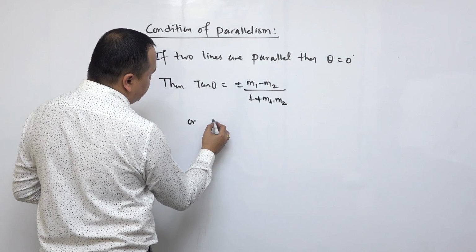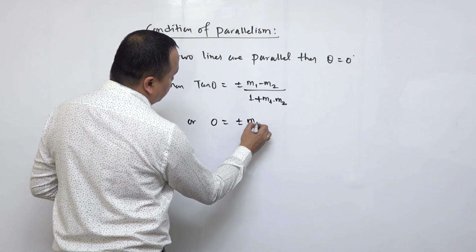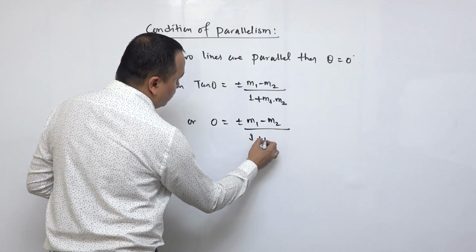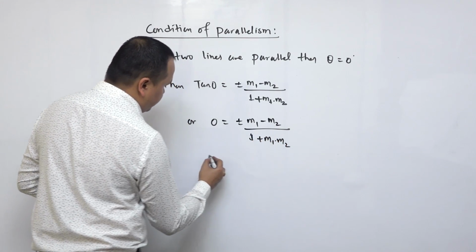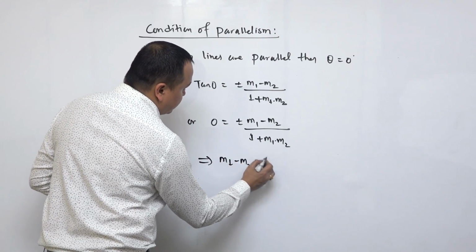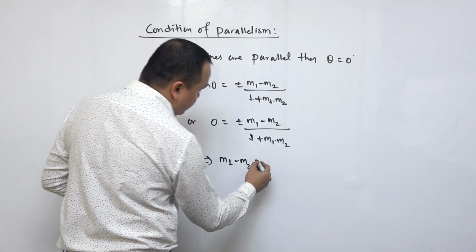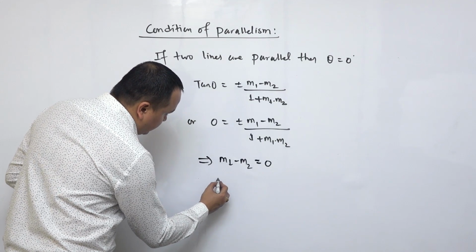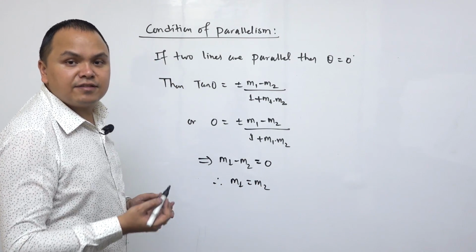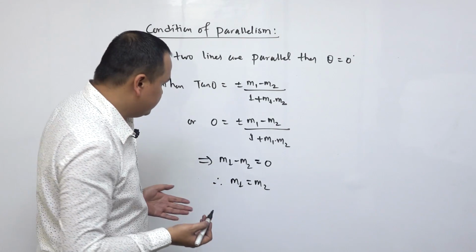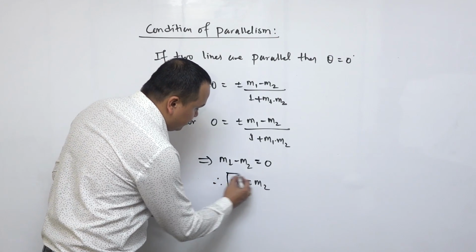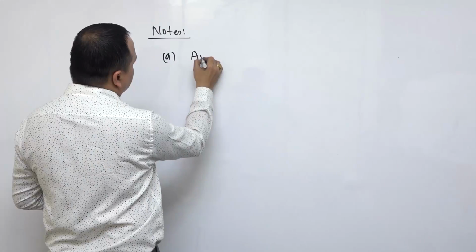The value of tan 0 is 0, so m1 minus m2 is equal to 0. Therefore, m1 is equal to m2. If two lines are parallel, then their slopes are the same, equal. m1 is equal to m2.